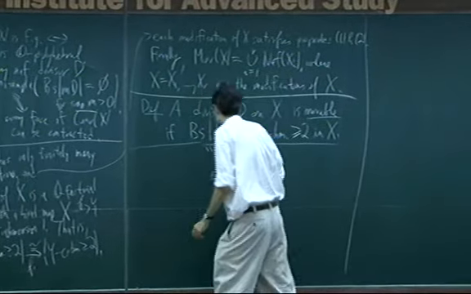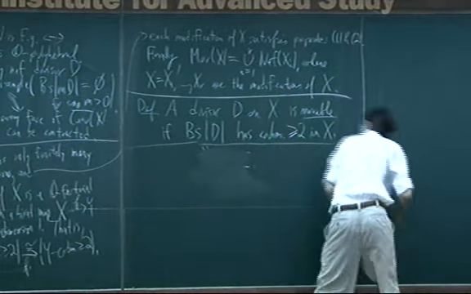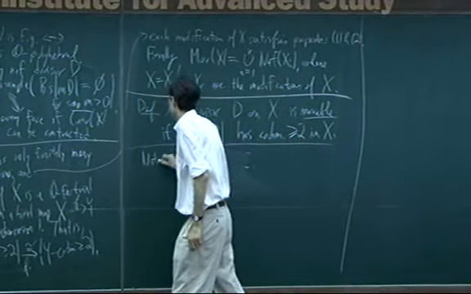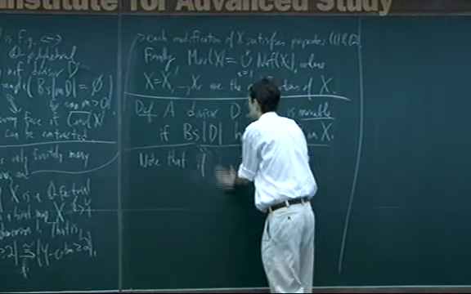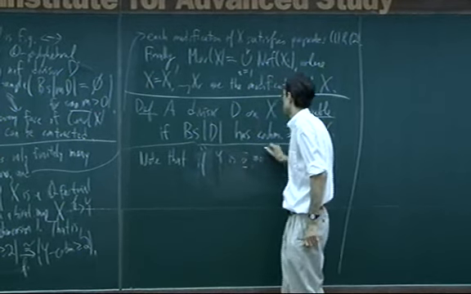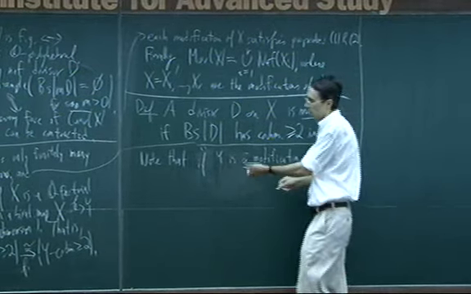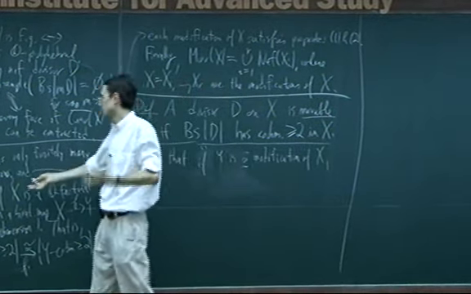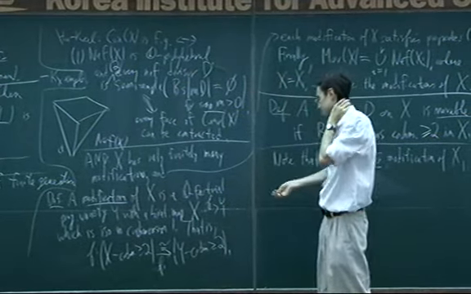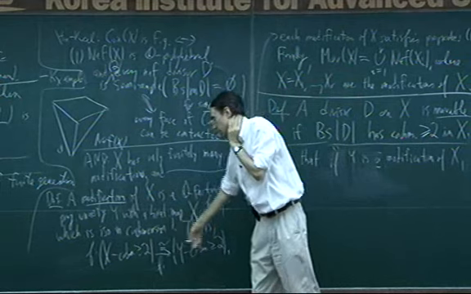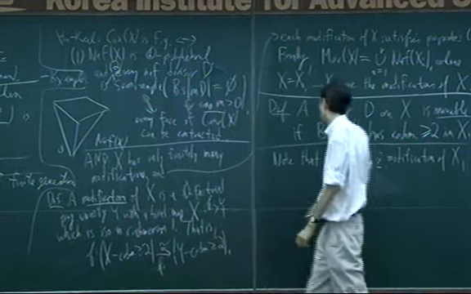So note that if Y is a modification of X, then the set of codimension 1 subvarieties of X is exactly the same thing as the set of codimension 1 subvarieties of Y. You're not changing anything in codimension 1. And also, linear equivalence on X is the same thing as linear equivalence on Y.